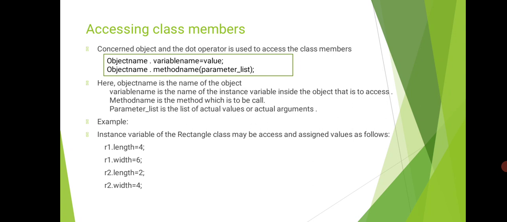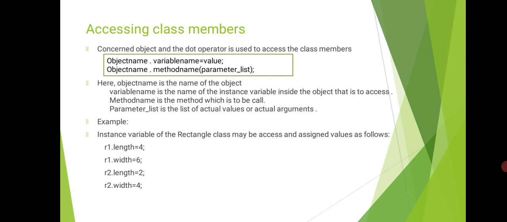When you create r1, r1 has length and width. So I want to store length 4 and width 6 for r1, meaning r1.length = 4 and r1.width = 6.